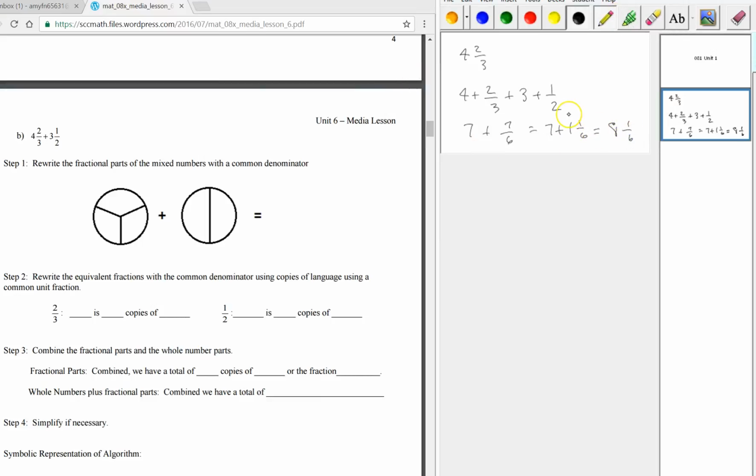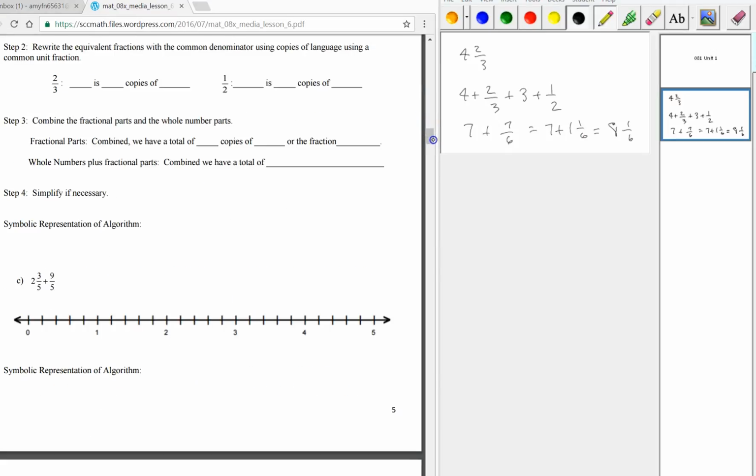Okay, so this idea of regrouping. Okay, and if you use fraction circles for these, there wasn't a lot of room to write the 4 whole circles and the 3 whole circles here, but they can see how you're just regrouping these into a different form.